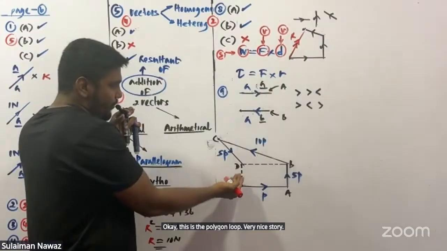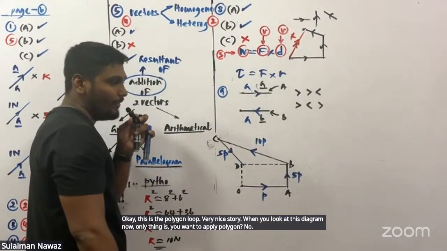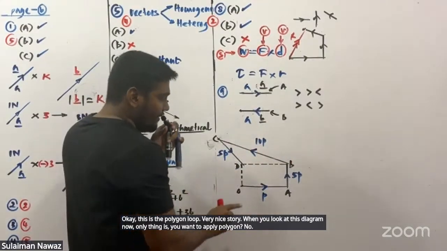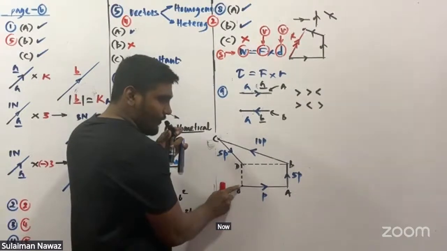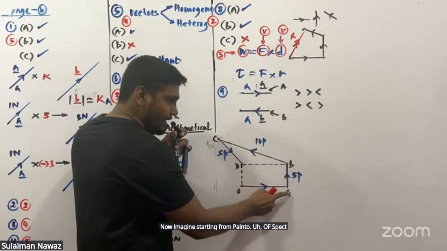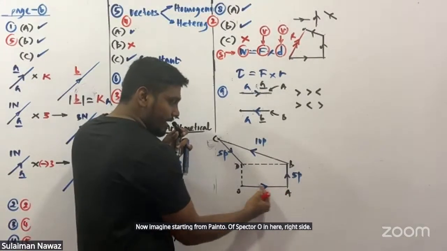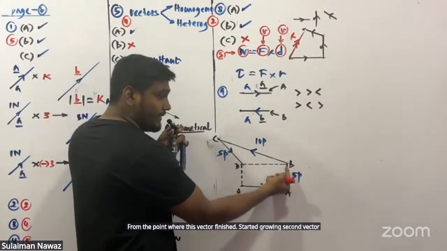Now when you look at this diagram, the only thing is you want to apply polygon law. There are four vectors. Imagine starting from point O. First vector OA, right side. From the point where this vector finished, start drawing the second vector AB upwards.